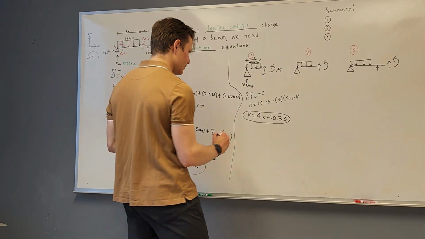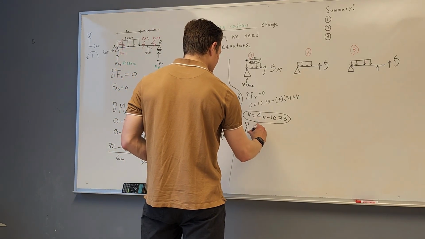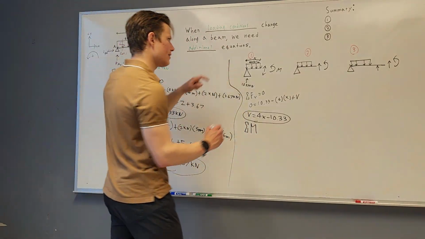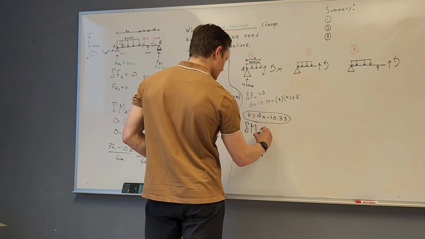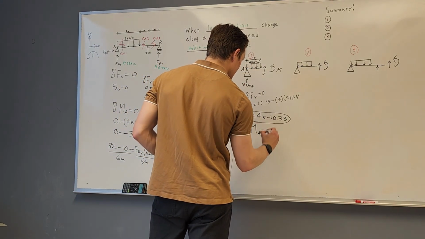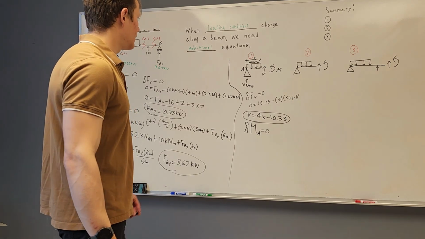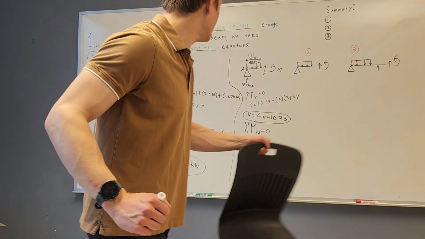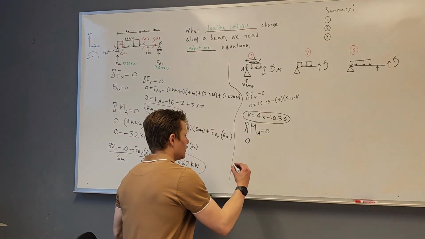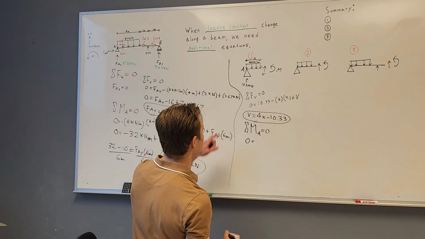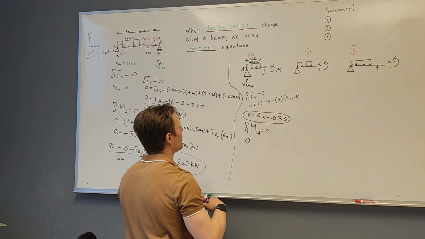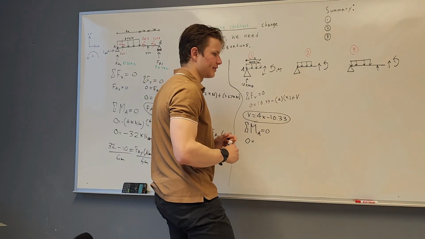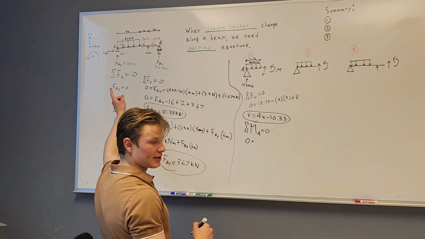And then for the moment, we can take the sum of the moments around point A. So remember, this is point A. The sum of the moments around A is equal to 0. So 0 is equal to, we have the moment from this UDL going in this direction, which is the opposite of our sign convention.